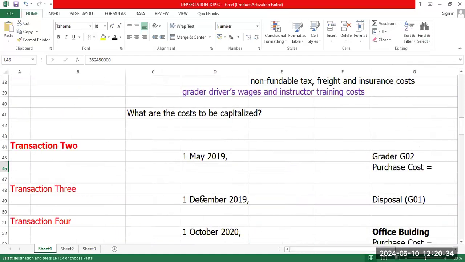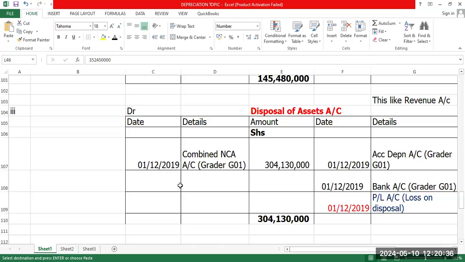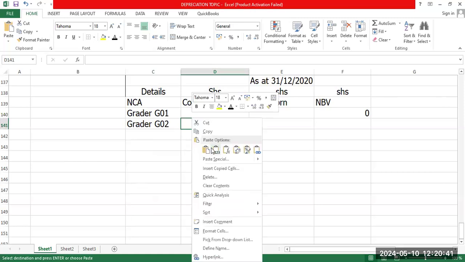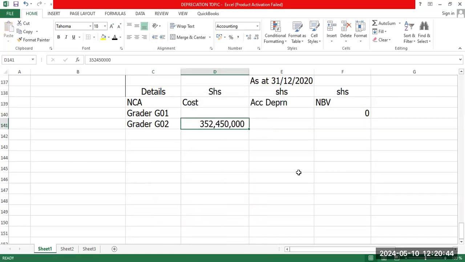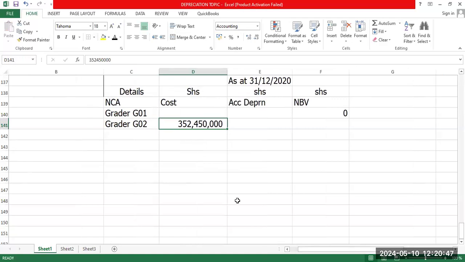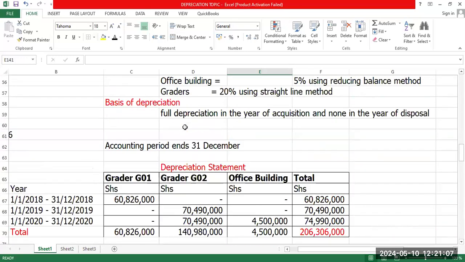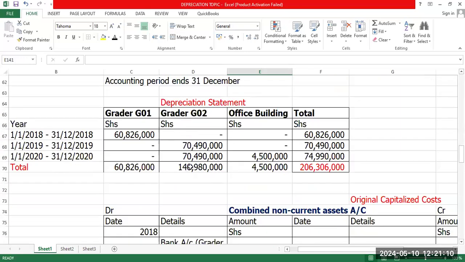For grade 2, actually the original cost was this. Then we ask ourselves, as at this date, what is the depreciation for grade 2? As at this date, you go to the depreciation statement. As at this date, we have this.